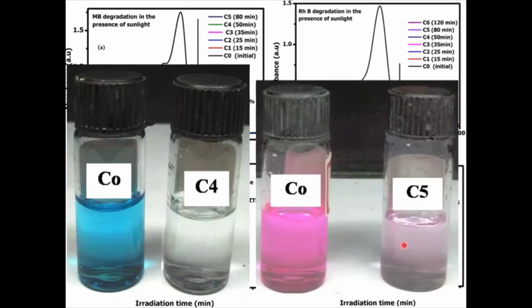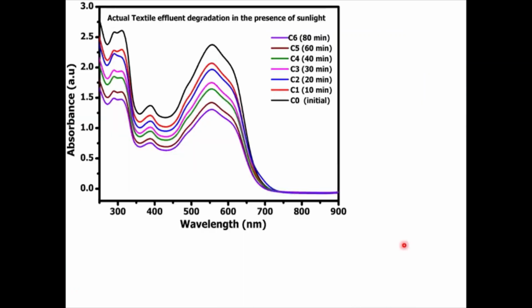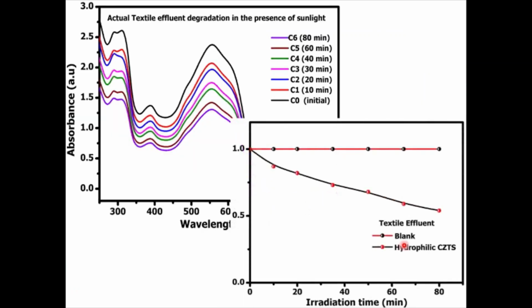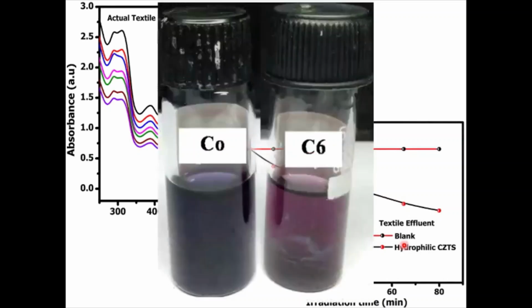This is around 70% degradation with CZTS converted after ligand exchange, which makes it hydrophilic, and then used for the photocatalytic reaction with rhodamine B. We have checked with direct textile effluent also, from textile industries, and we got around 50% degradation.